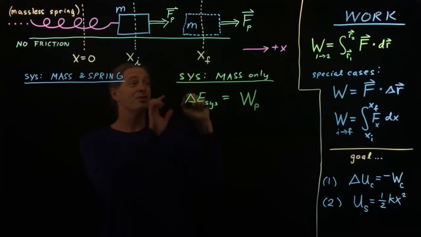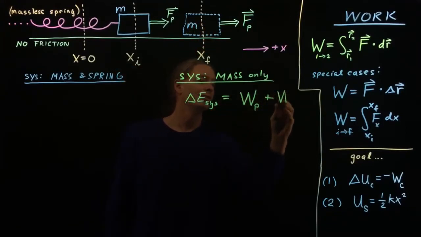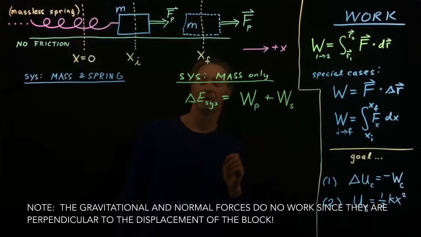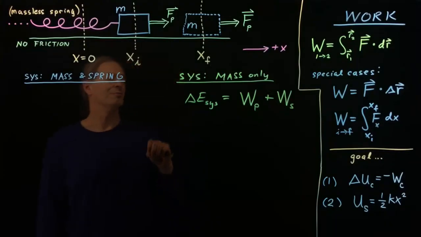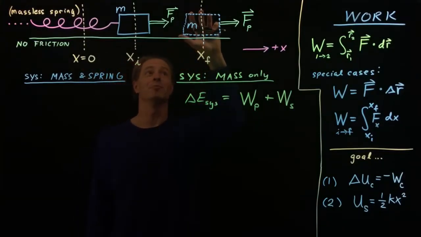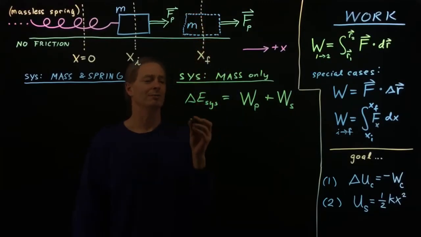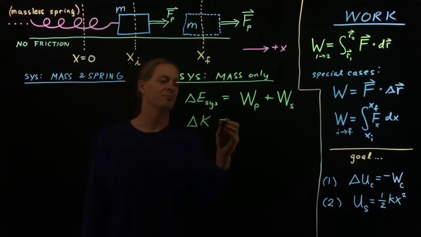And if the system is just the mass by itself, I've also got the work done by the spring force. So that gives us the change in energy of the system. Now, what does the energy of the system consist of for just a simple block? Well, the change in energy of the system would just be the change in kinetic energy of this mass m.